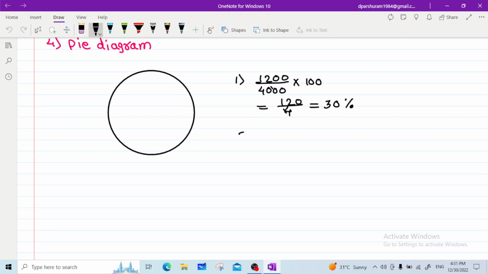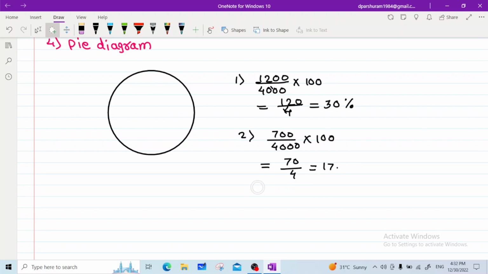Same for clothing. For clothing the expenditure is 700 rupees. So 700 divided by the total 4000 into 100. The zeros get cancelled, so remaining 70 by 4, that is 17 point something.